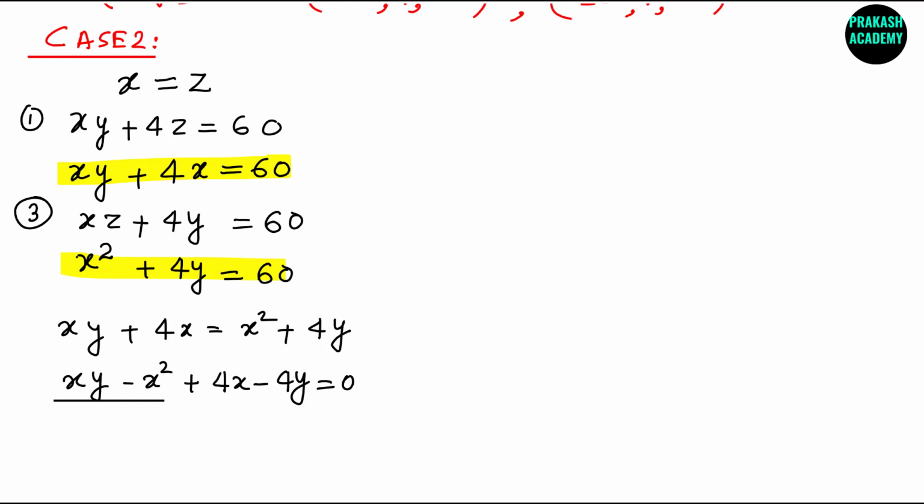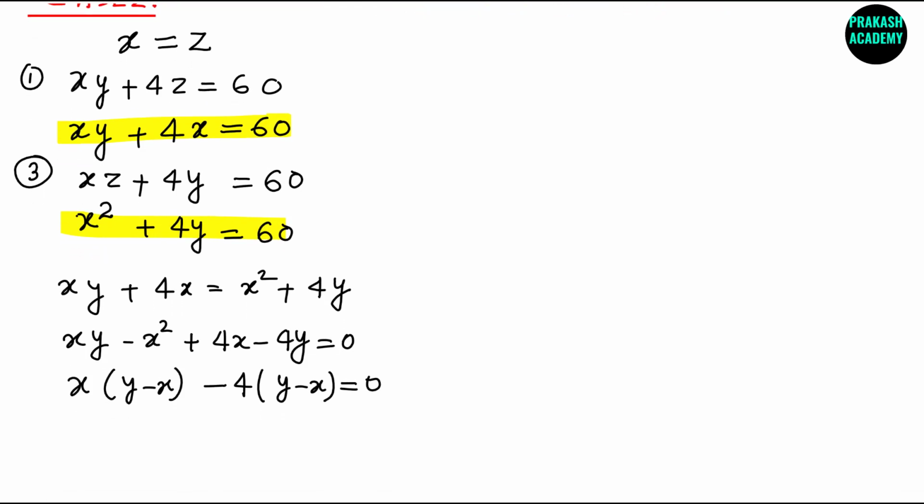Now from here I can take x common. If I take x common, I will have (y − x), and if I take −4 common, then I will have (y − x). This is equal to 0. So this means (y − x)(x − 4) = 0.